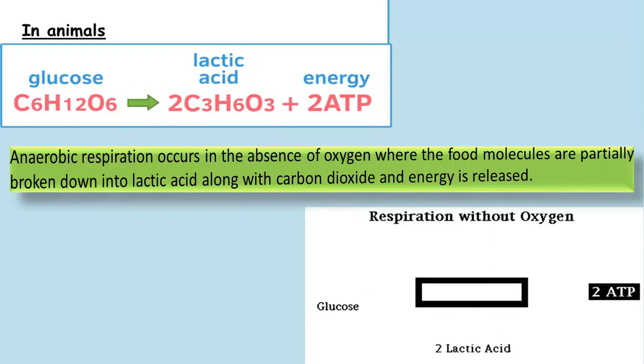Whereas when an organism undergoes aerobic respiration, it releases enough energy to produce up to 38 ATP molecules. Hence, we can say that aerobic respiration releases much more energy than anaerobic respiration. Just like in animals, anaerobic respiration is usually seen in most bacteria, intestinal worms, and parasites.